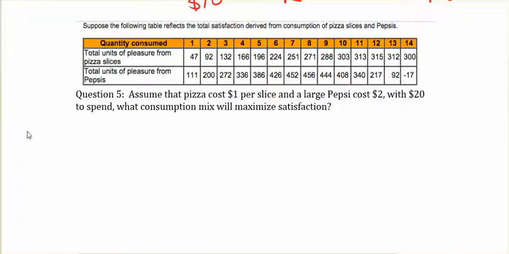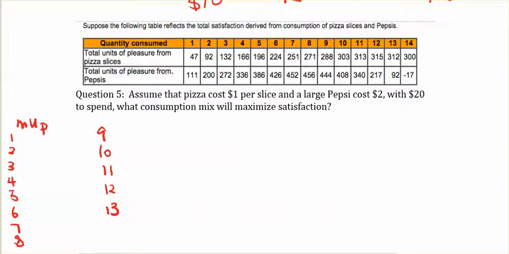First, let's look at the marginal utility for the pizza. The quantity we have is 1, 2, 3, 4, 5, 6, 7, 8, 9, 10, 11, 12, 13.